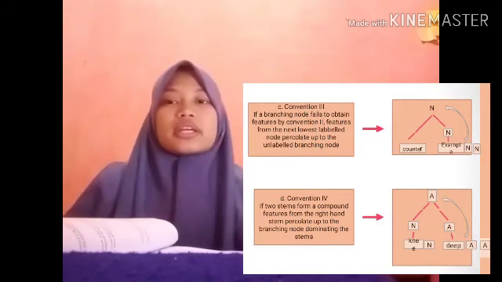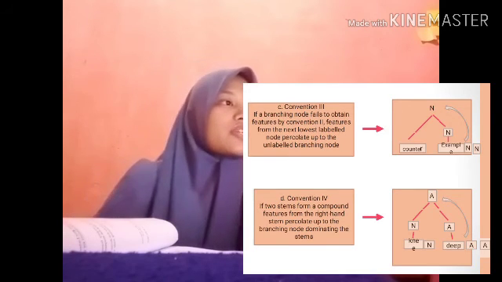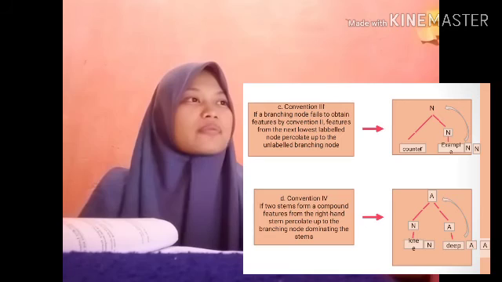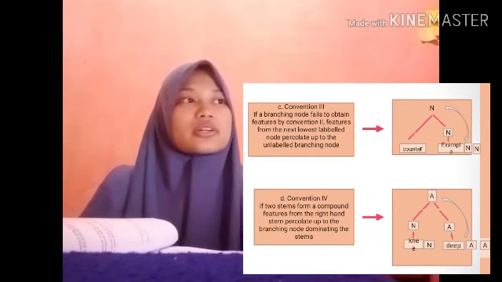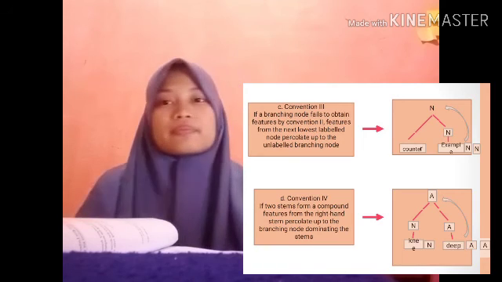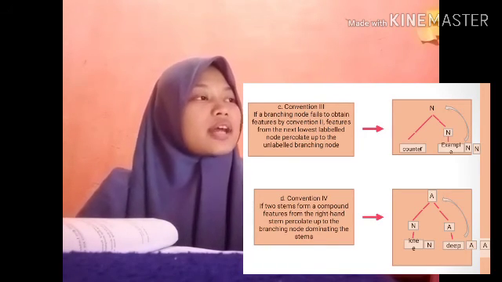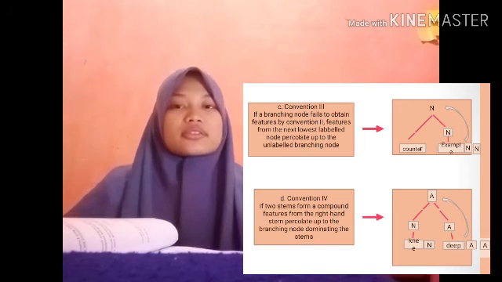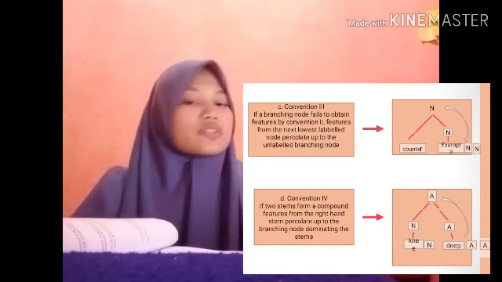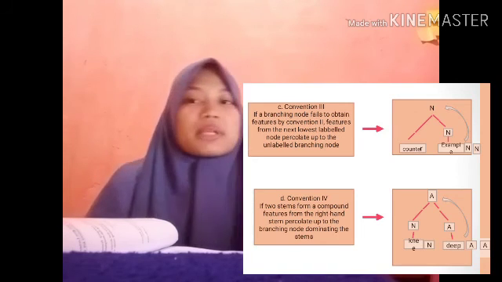Convention 3: if a branching node fails to obtain features by convention 2, features from the next lowest labeled node percolate up to the unlabeled branching node. Look at the example, counter. Counter does not have a category feature of its own, and example is a noun.